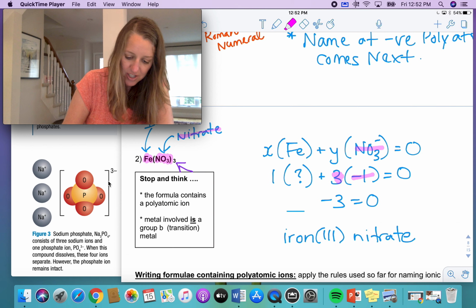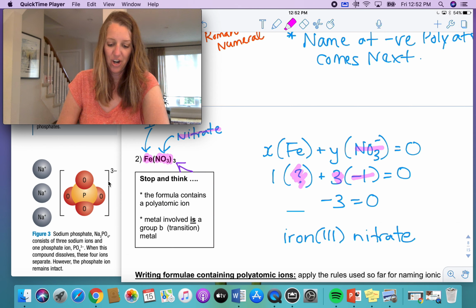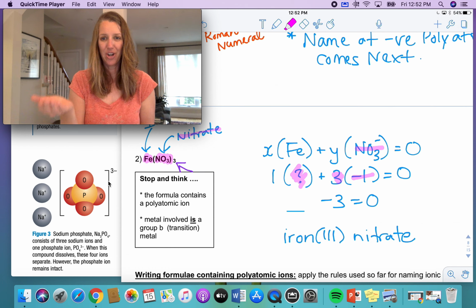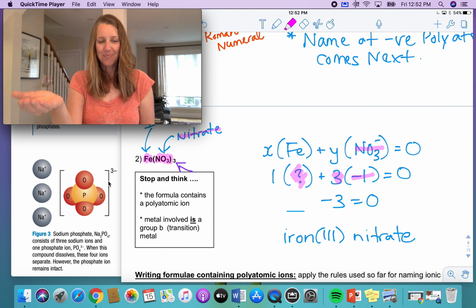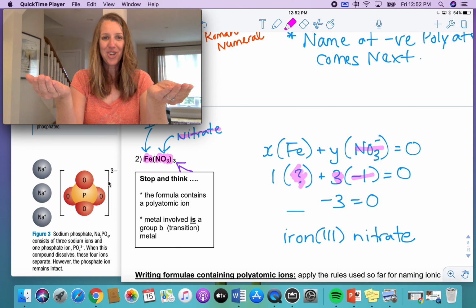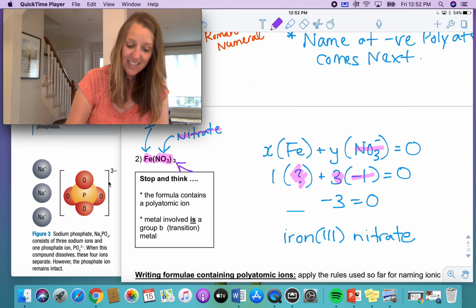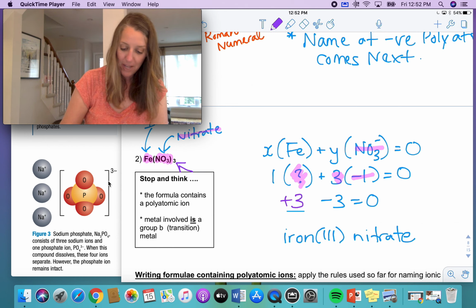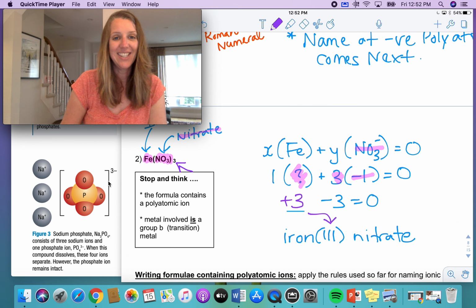So you're essentially solving for that. What's the charge? So the nitrate in this compound, because there are 3 things with a 1- charge, is -3. How do I make this compound overall equal 0? Clearly the charge of the iron has to be +3. So if it's a +3, that tells me again that it's iron 3 nitrate.